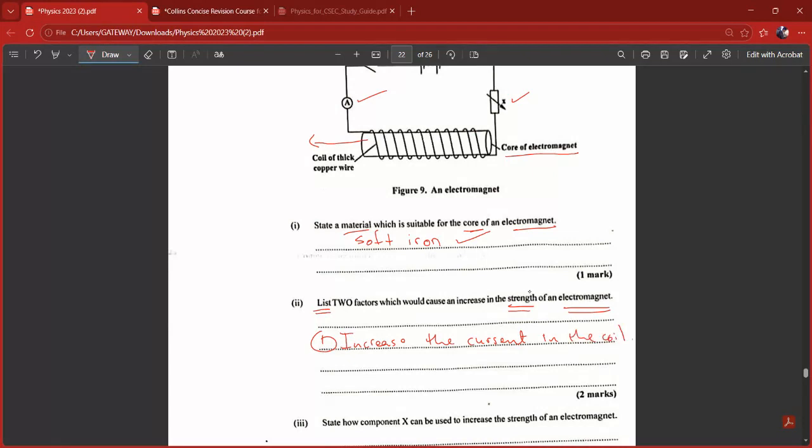That will cause an increase in the strength of the electromagnet if I increase the current. The other one would be to increase the number of turns or coils around the magnet, the number of turns in a coil. Right, so the number of turns.